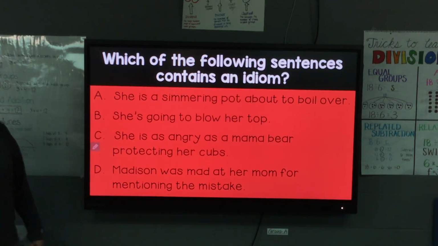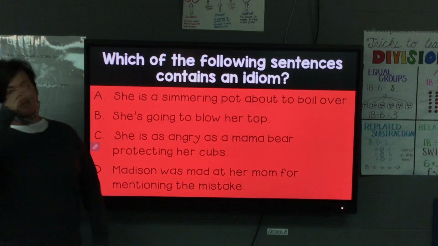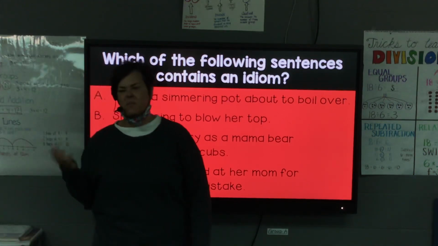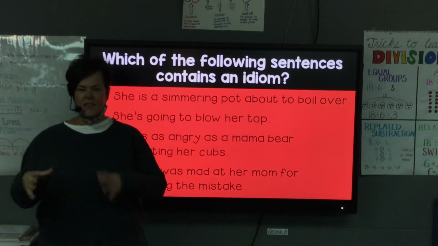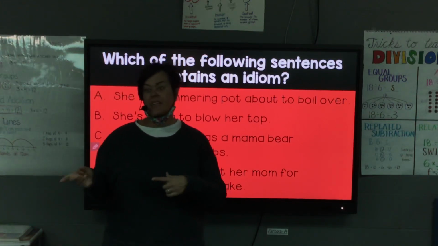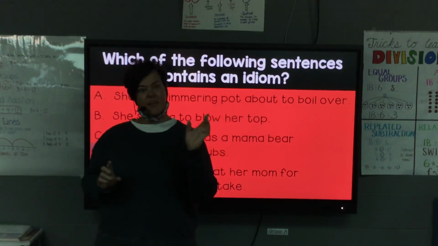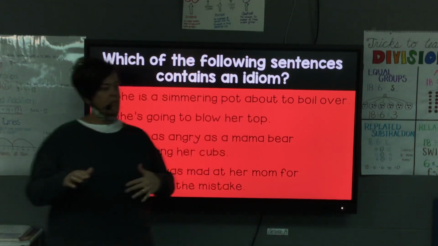Madison was mad at her mom for mentioning the mistake. So remember, an idiom is when it has a completely different meaning than the words being used. Remember, like don't let the cat out of the bag? That was I think our most recent idiom that we used.